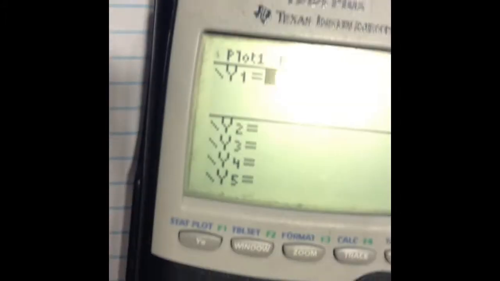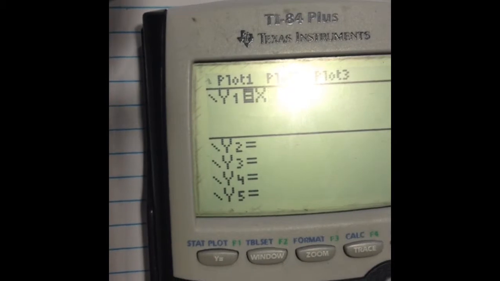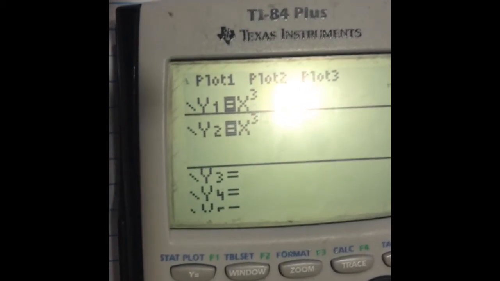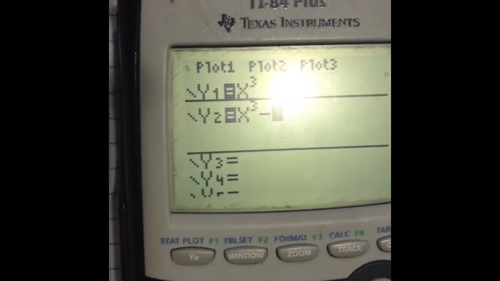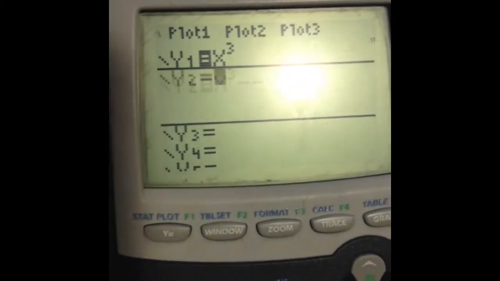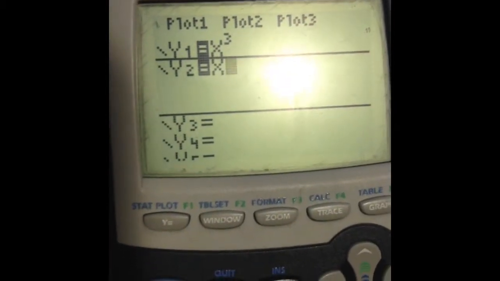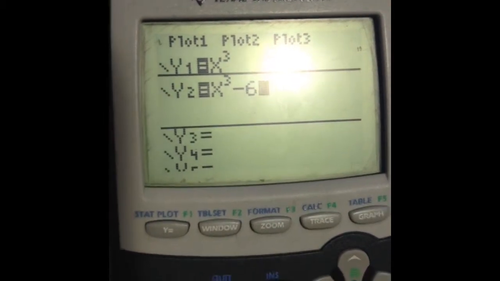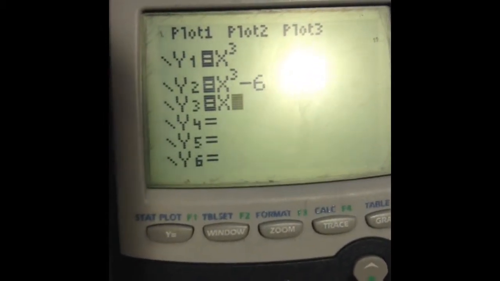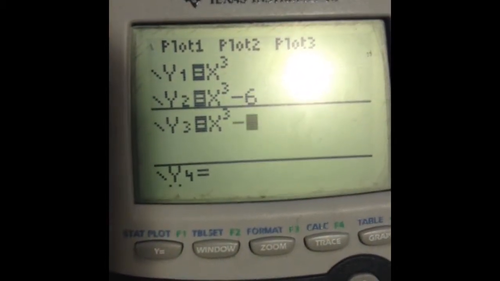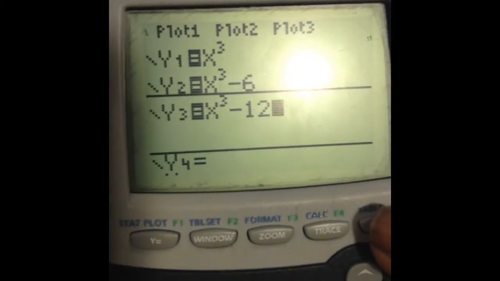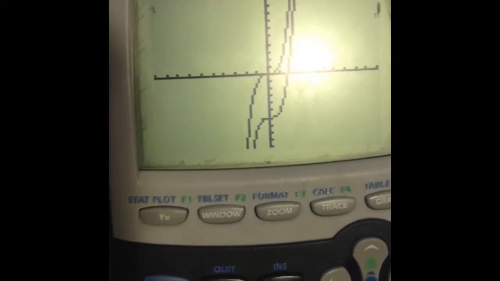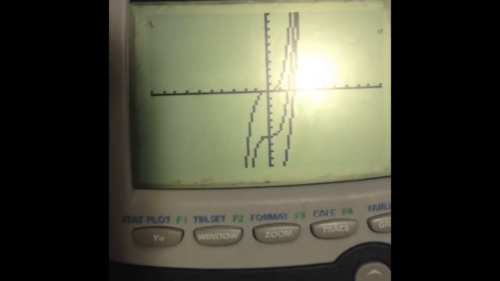For the second problem, I'm going to put in x to the 3rd. Then you should get the graph for the function.